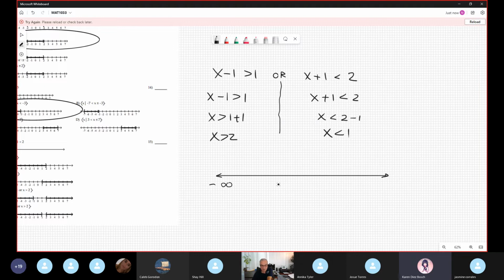Negative infinity, positive infinity, 0 in the middle. This is 1 and this is 2. This guy is the red part. The red part is from 2 to infinity, to the right because it's greater than. Not included.